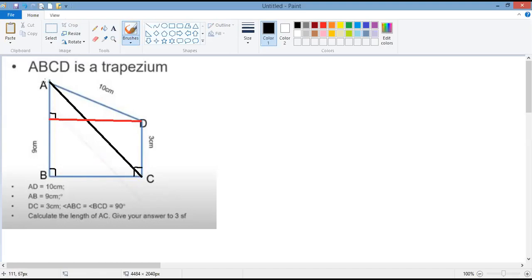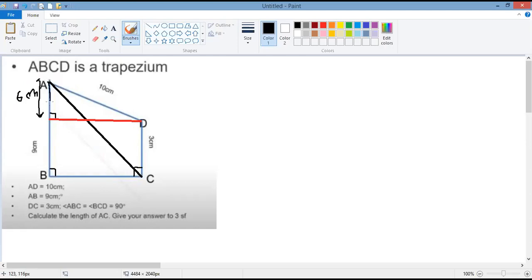What is the length from A to the red point here? It should be 6 cm, because A to B is 9, B to C is 3, so 9 minus 3 gives you 6 cm.